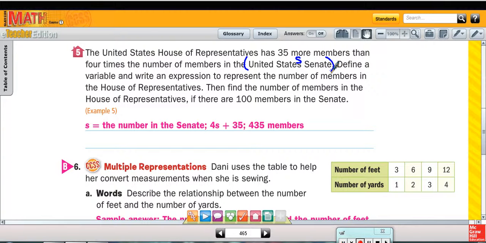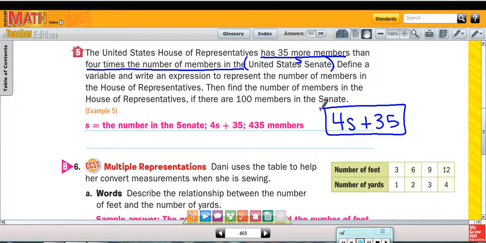Okay? And then we needed to come up with the expression. So it does say 4 times the number of members in the Senate. So that would be 4 times S, written better as 4S, has 35 more members. So plus 35. This whole expression here that's worth a point is equivalent to the number of representatives in the House. So they're saying there are 100 members in the Senate.